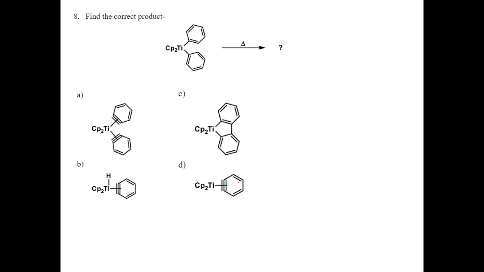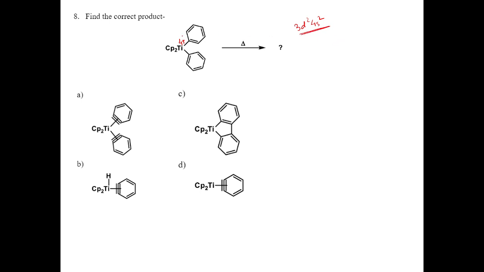Okay, let's start to solve this question. So this is the complex, right? If you take the oxidation state of Ti, it is +4. Ti is 3d2 4s2, so only 4 electrons are there.